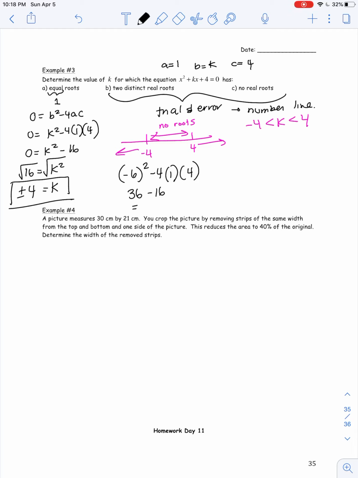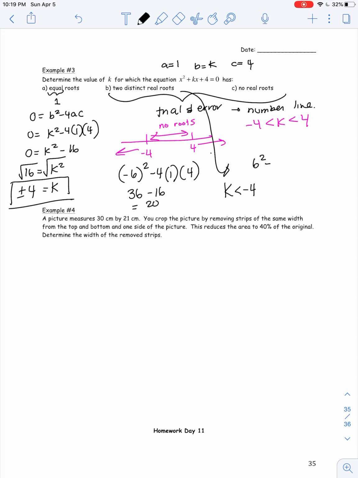So I know that's 36 minus 16. If you guys put that into your calculator, you're going to get 20. So 20 is a positive number, which means that there are 2 real roots, so that works. So when, in this example, when k is less than -4, we're going to get positive solutions.